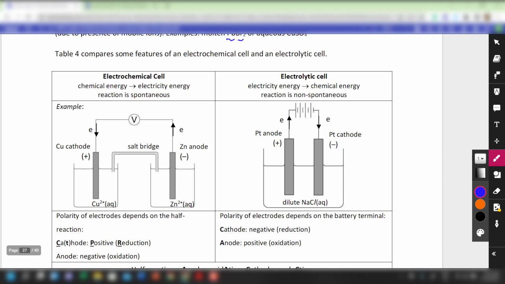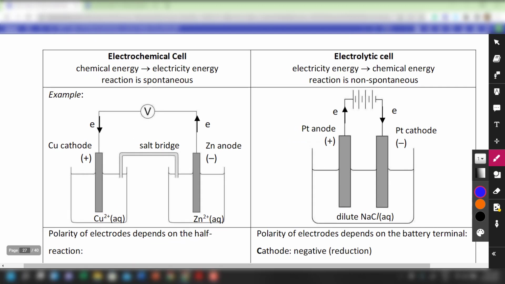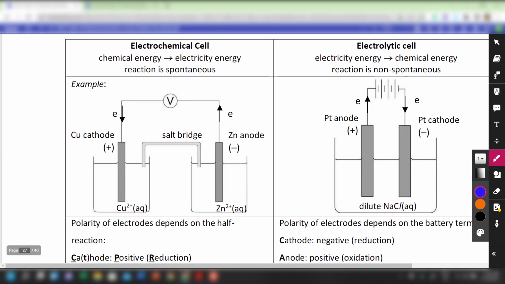Okay, so we will first take a look at the electrochemical cell on the left. You should be quite familiar with this because we have been talking about it in the first few segments of the electrochemistry lectures. For the electrochemical cell, the setup itself is the battery. It does not need an external power supply because the setup itself allows a spontaneous reaction to take place.